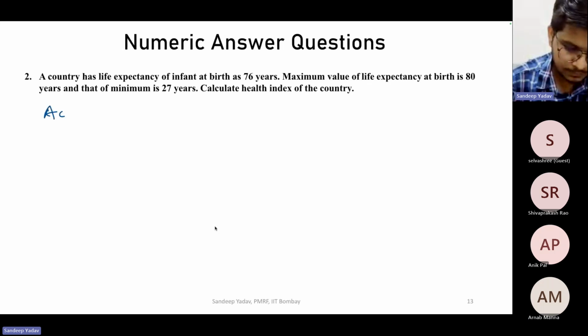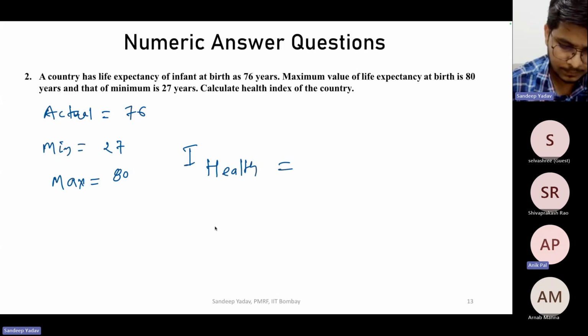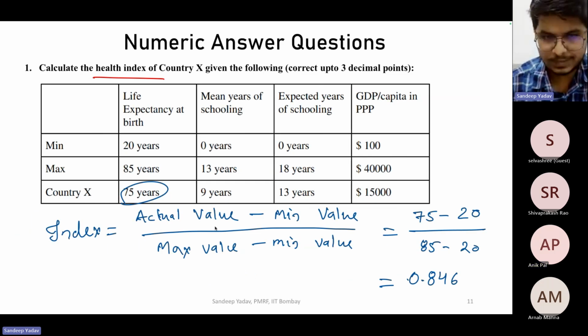The actual value is given, 76. Minimum is 27. Maximum is 80. What is the formula? Just see here quickly. Actual minus minimum, maximum minus minimum.